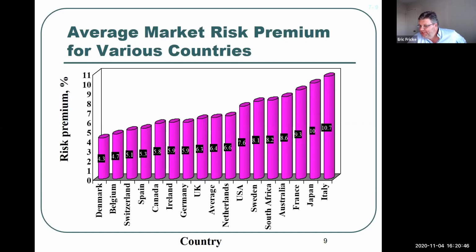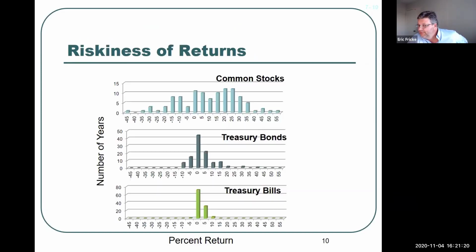So I don't see China on here. So that's just something to consider, that countries do have different risk premiums. And so when you do projects in different countries, the same project will have a different discount rate in different countries.